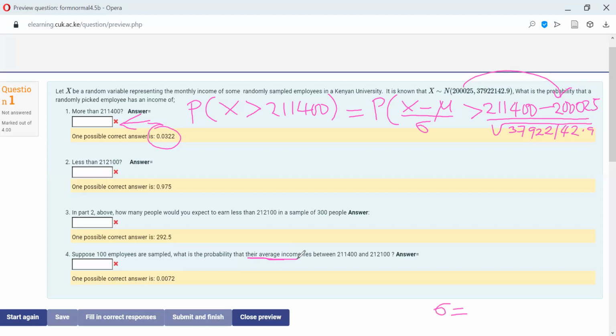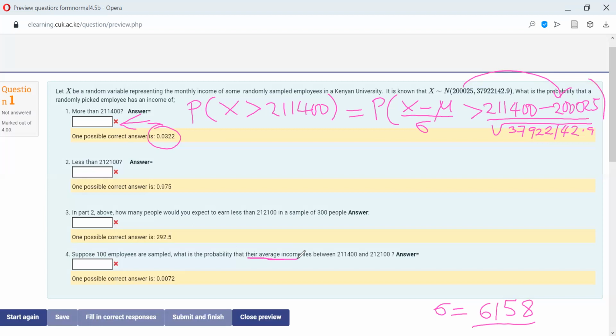You can say sigma is equal to the square root of 7922142.9. So if I get the square root, I get 6158.09. I don't even need to use the decimals.